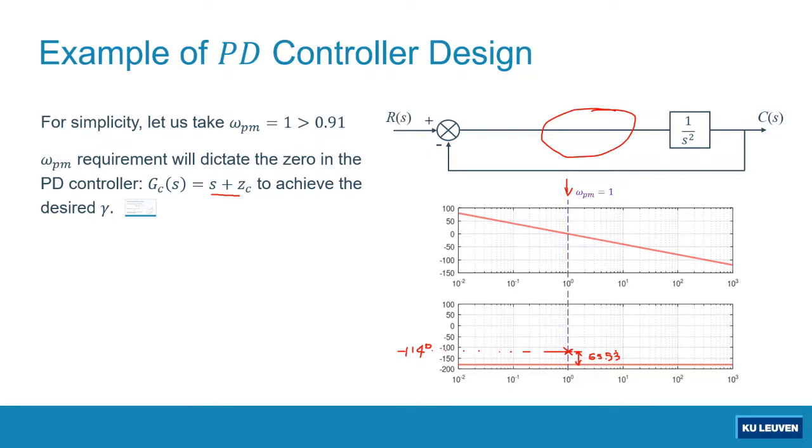It's not 114 actually; let me calculate, it should be 114.47 to be precise, minus 114.47 degrees. It should cross this point. So we are going to introduce a PD controller, such that the phase plot of the new open loop transfer function will cross this point.